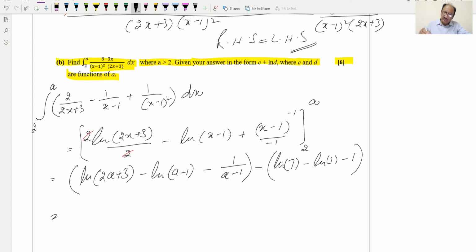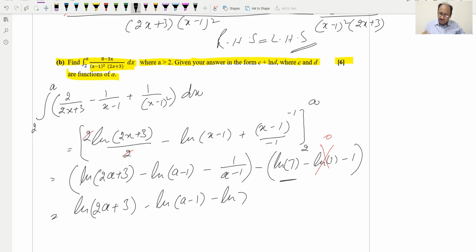Now we know that this log of 1 is 0, so this will be 0, and we can replace the rest of the things. We can write here, log of 2a plus 3 minus log of a minus 1, and this will be minus log of 7, which I'm writing here, and minus 1 over a minus 1 and minus 1 over here.